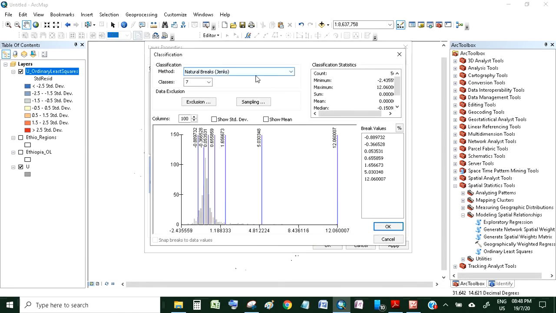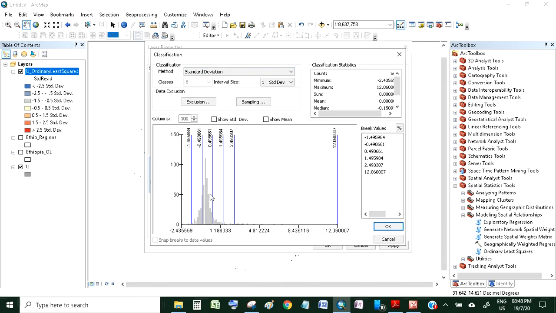When I classify with standard deviation, this is not a normal distribution. You can see more of the tail is towards the right side. So this is not normal. It means your residuals are not normally distributed, and your model is a little biased towards the right side values. This is the way you can see it.